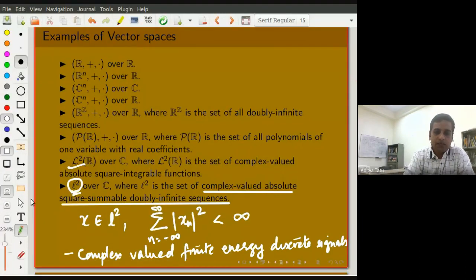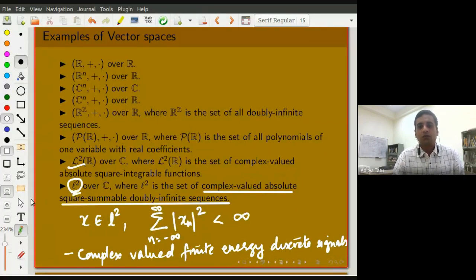Anyways, once again here I am not proving that this is a vector space, but since you are working with these examples in different courses, I thought it's important for you to realize that this is a vector space. I'm sure you have seen things like adding two signals, multiplying a signal with a scalar. So you're basically using vector space operations there.